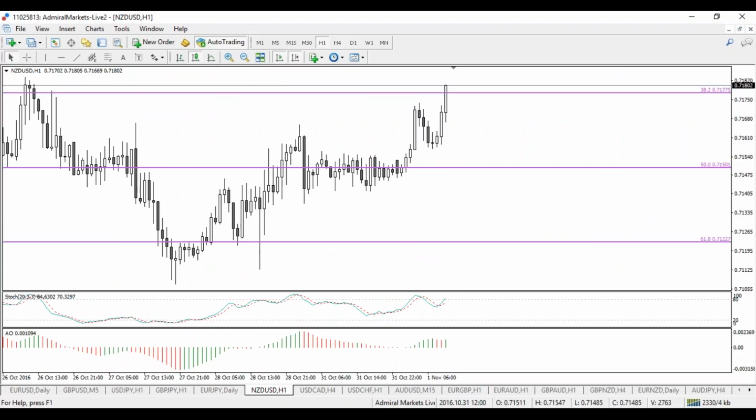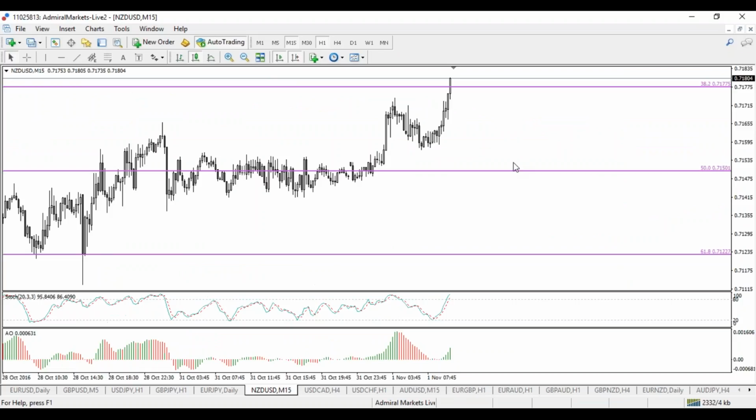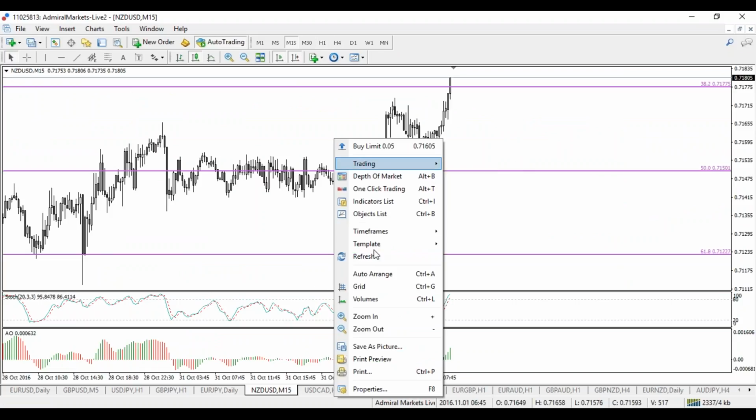Now, maybe an intraday upside. Let's take a look where the pivot points are.